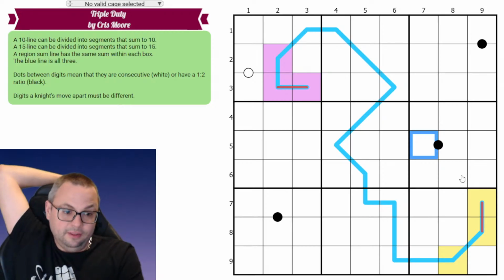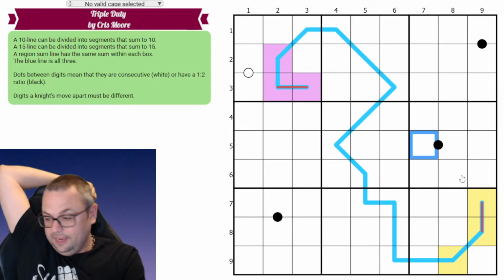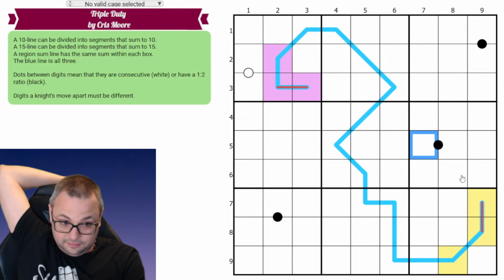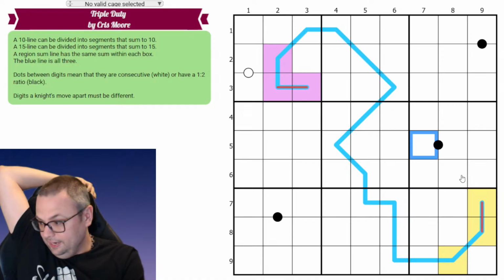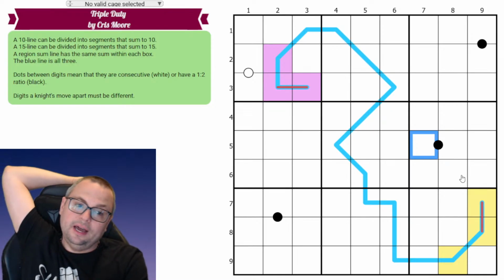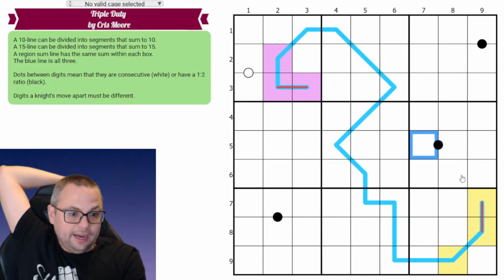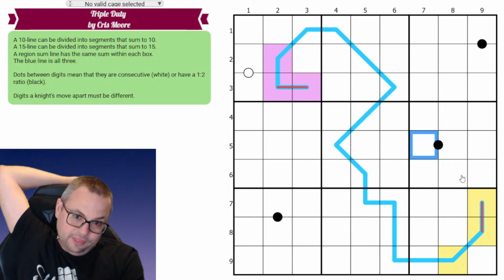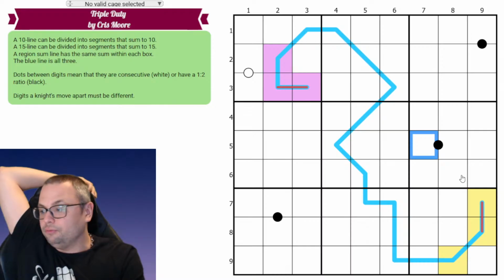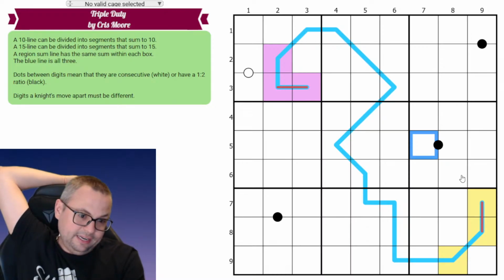So in particular, the total for the line can't be 15. If the total for the line was 15, then that would be an issue. So in fact, the total for the line is 20, because it's either 20 or a multiple of 20.